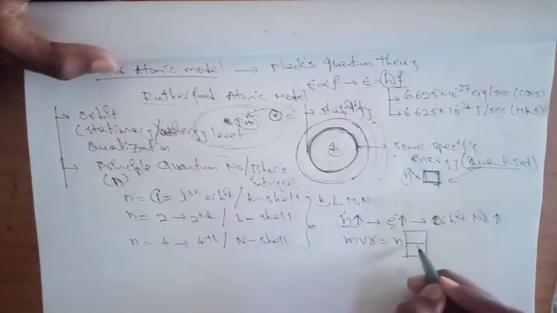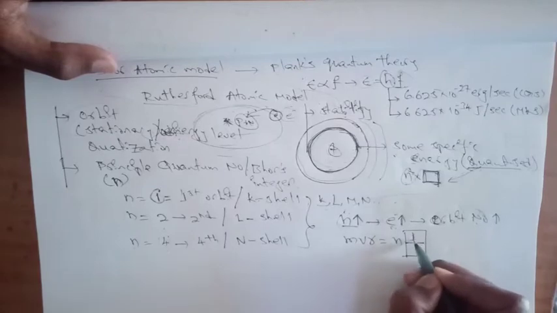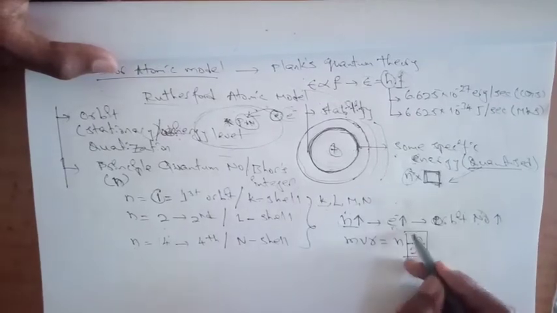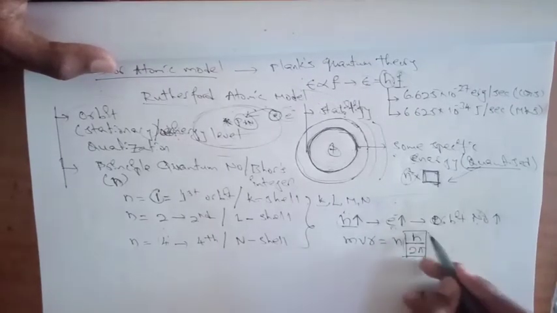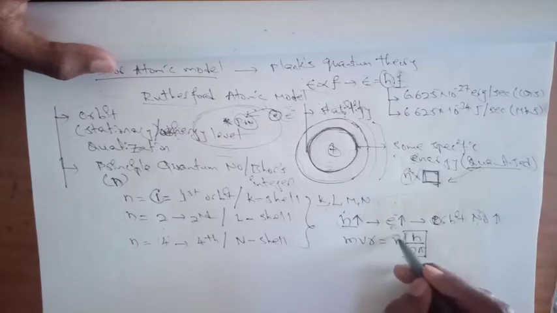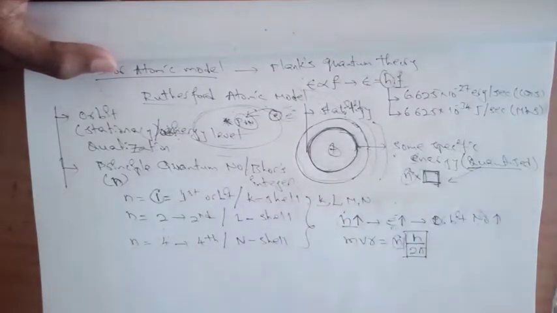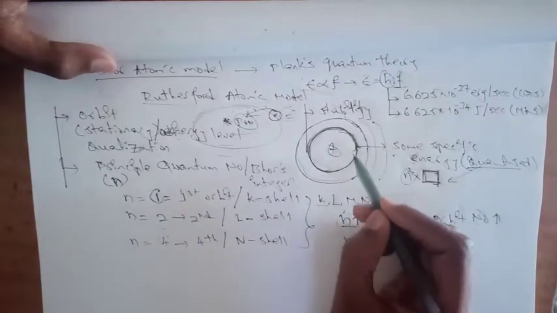This quantity is fixed, which is h by 2 pi. This h by 2 pi is a constant fixed value, and the n depends upon the orbit which we have taken.